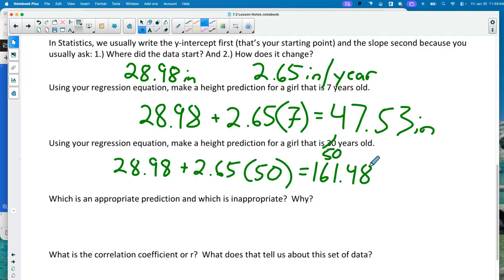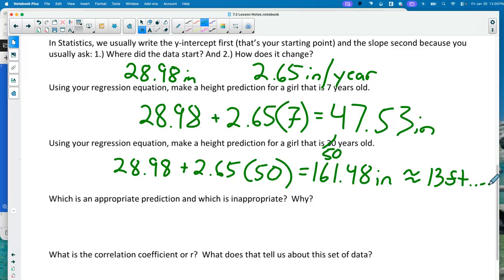And you know what? I do want you to divide this by 12. And we get 13.4 something. How many 13-footers do you see walking around? Not many. I'm going to move past that. So that is pretty tall. It's approximately 13 feet something. No.